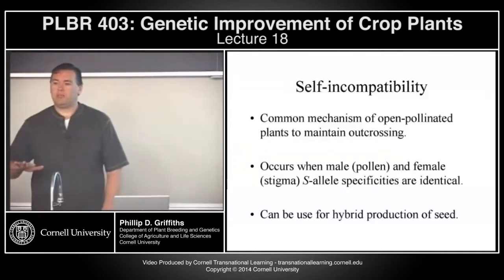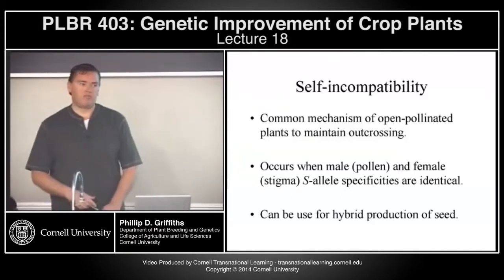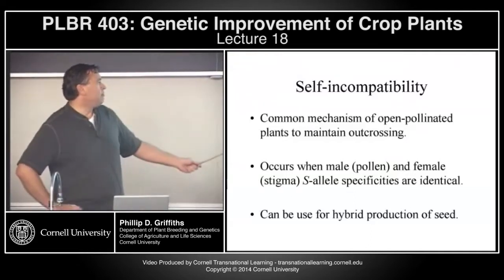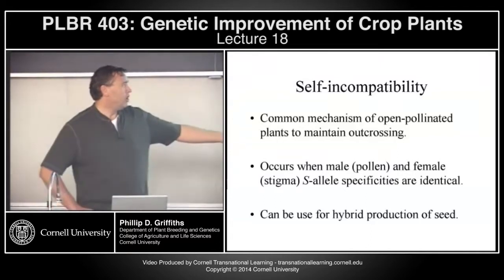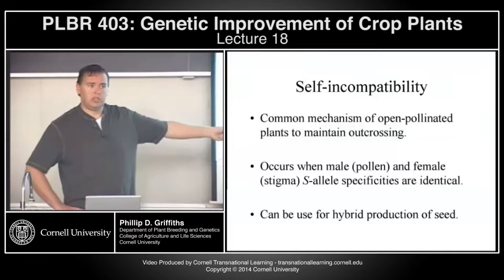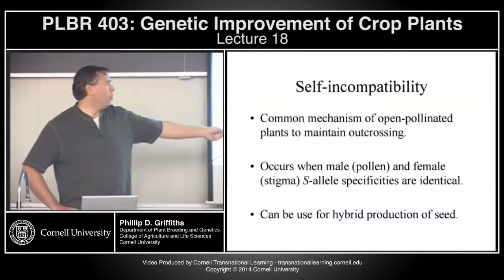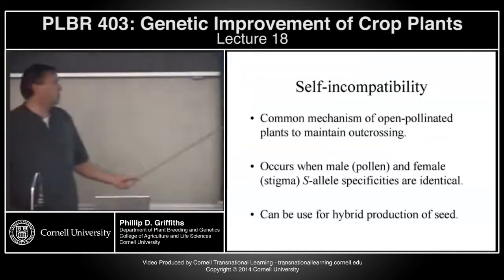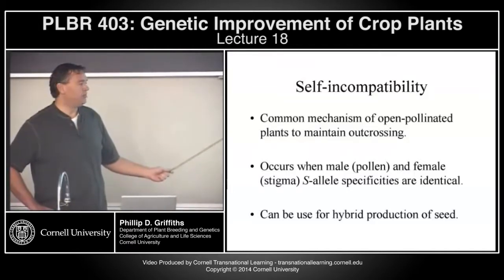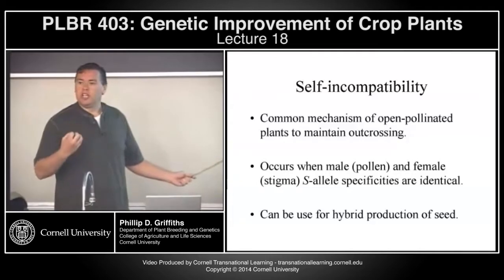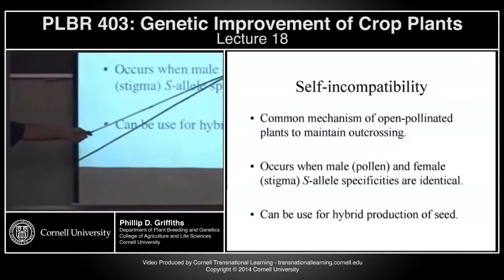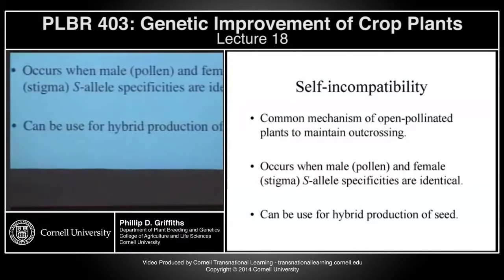This aspect is used in hybrid production, but it can be based on a reaction of the pollen grain at the pistil surface or a reaction of the stigma at the top of the pistil. So the incompatibility can be from the male side or from the female side.